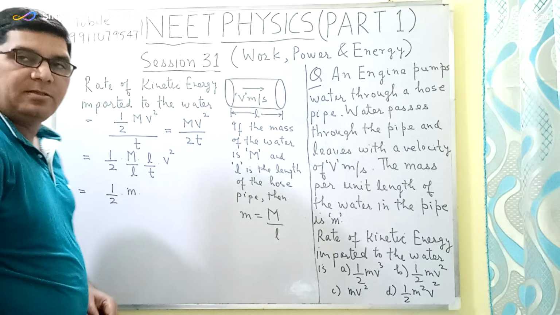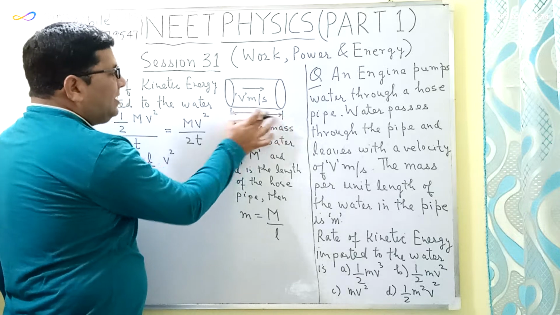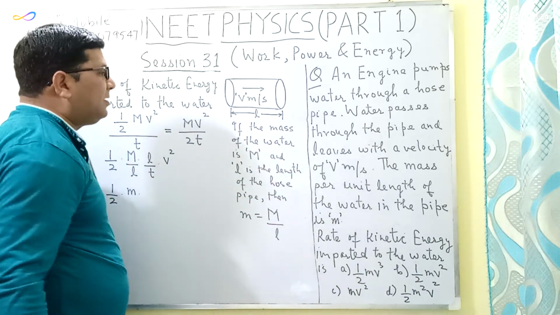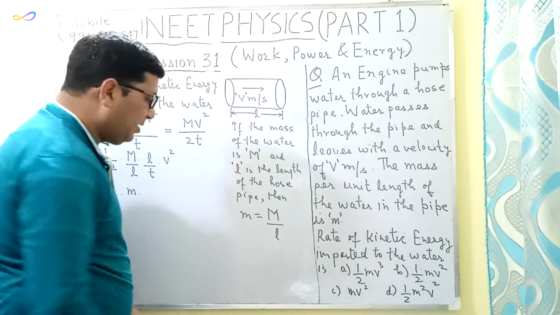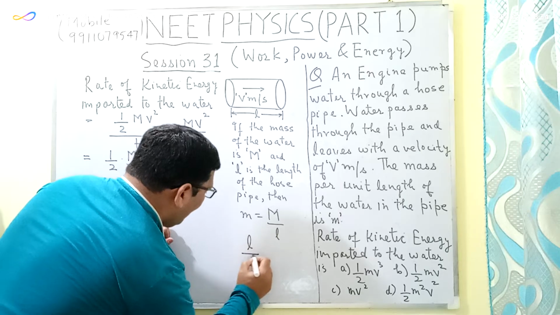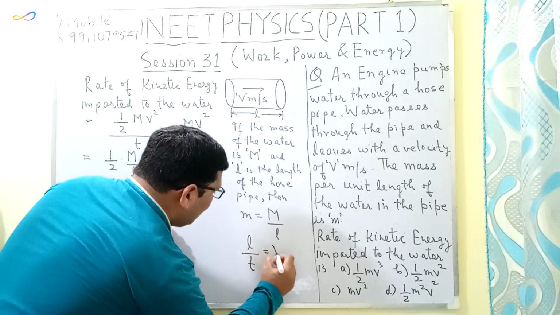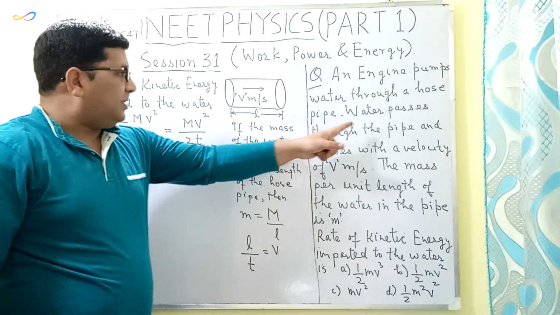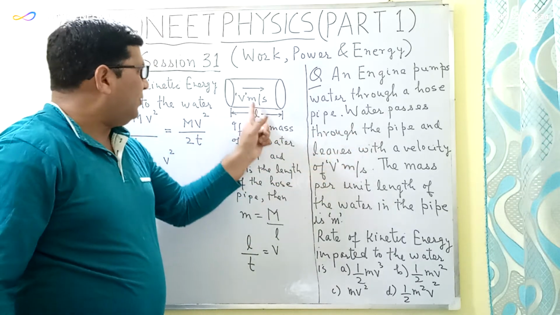Now L upon T. See, if L is the length of this hose pipe and T is the time taken by the water to pass through this hose pipe, then L upon T will be equal to the velocity of the water. So here the velocity of the water is V meter per second.